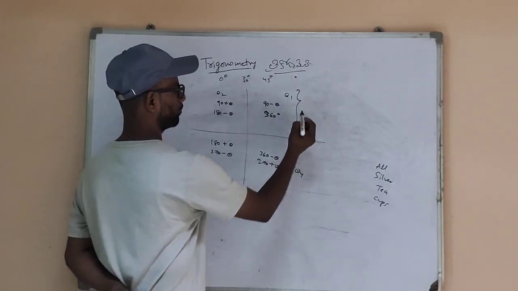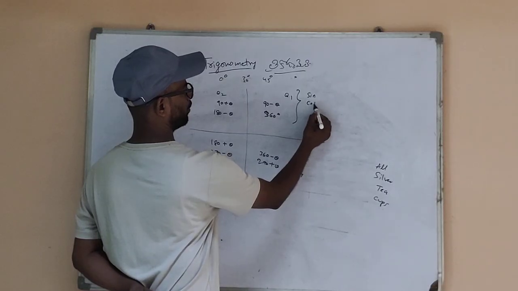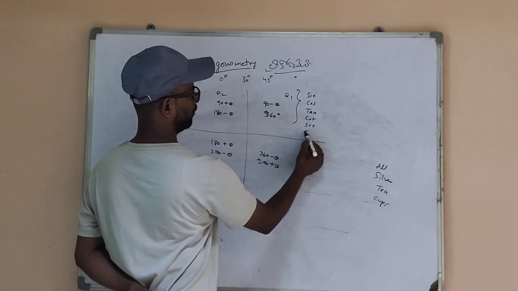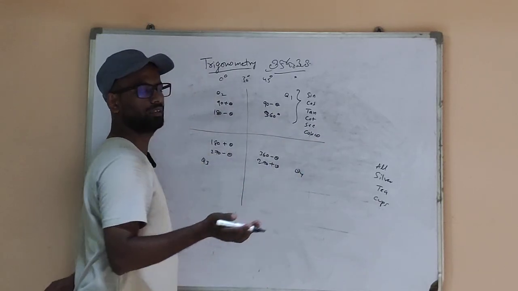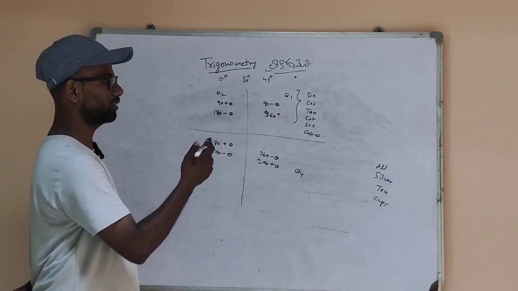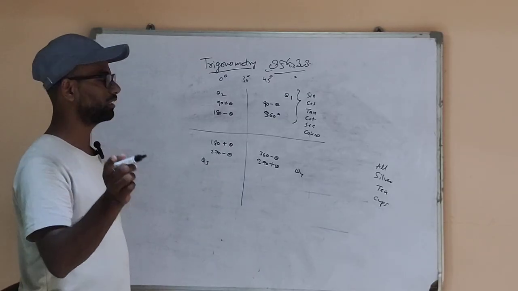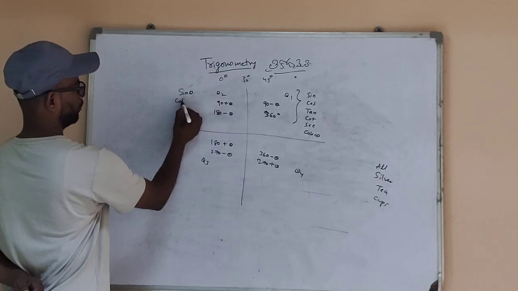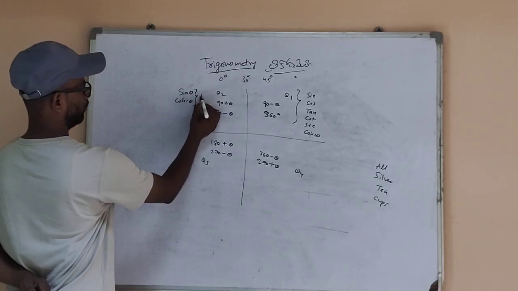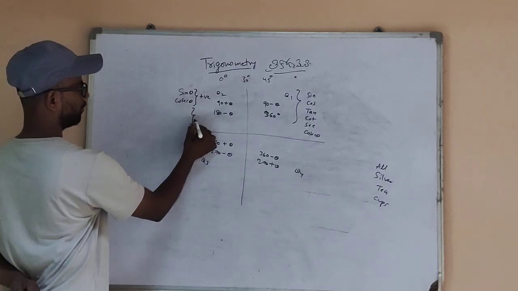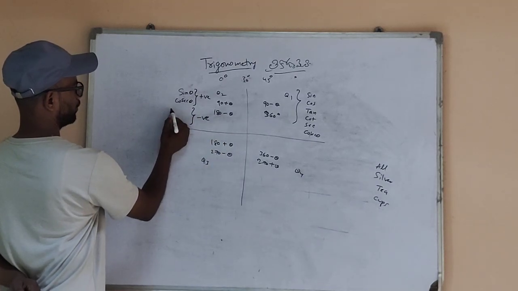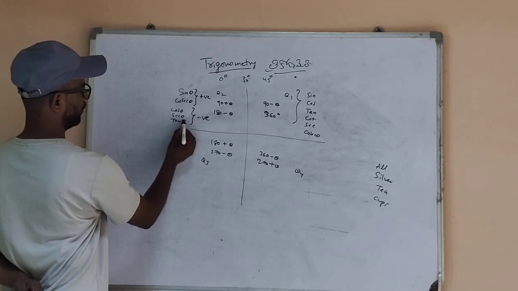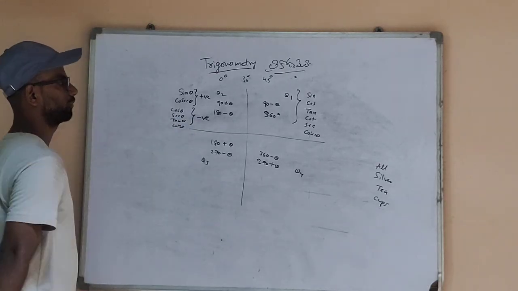All ratios are positive means sin, cos, tan, cot, secant, cosecant are all positive. Next, Silver starts with S. S and its reciprocal means sin theta and cosecant theta. Only two terms are positive and the remaining are negative: cos is negative, secant is negative, tan is negative, and cot is negative.